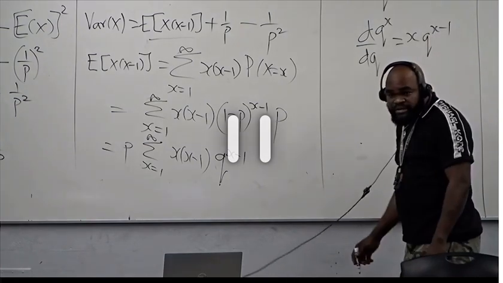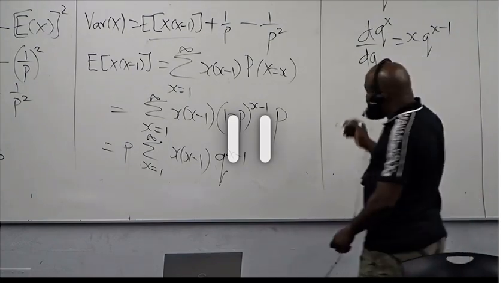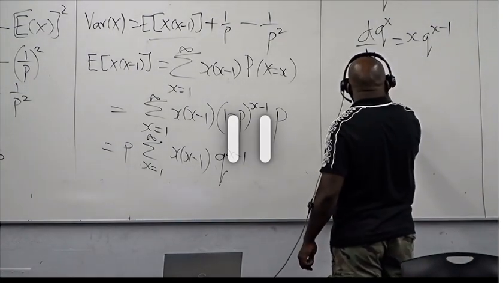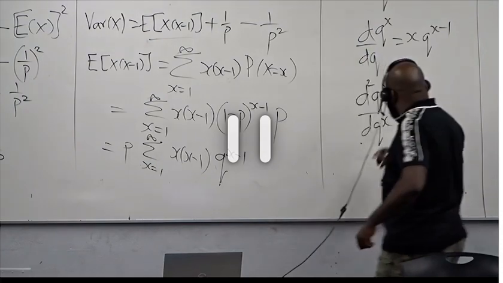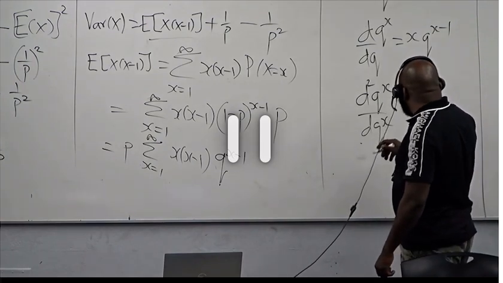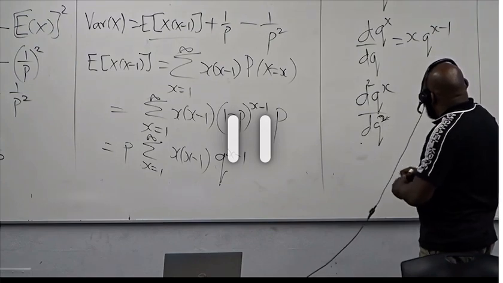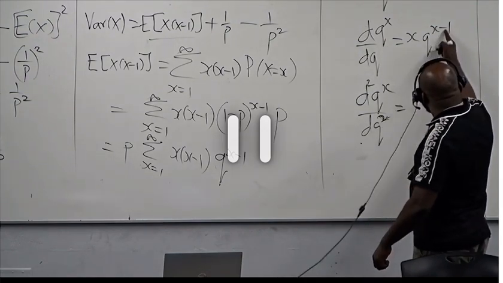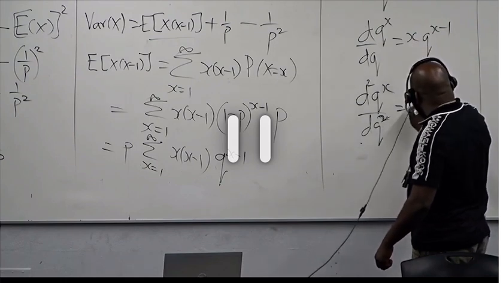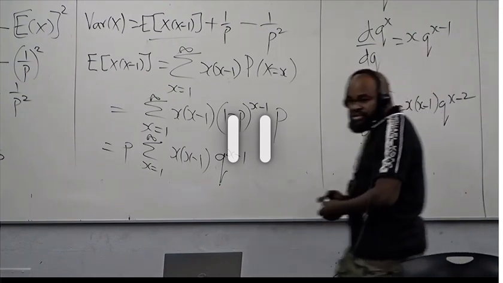You remember that? Now, if I do the second derivative, d squared dq squared, it's going to be X into X minus 1, but this time around Q to the X minus 2.